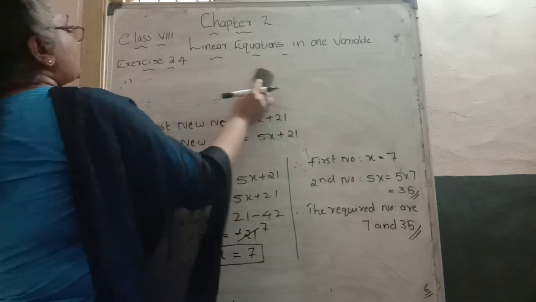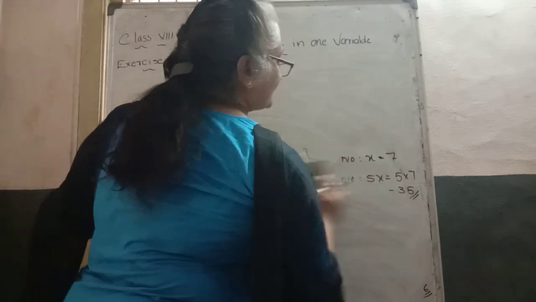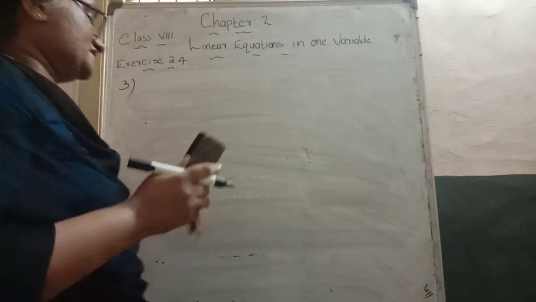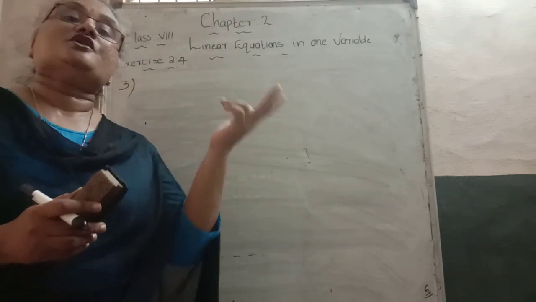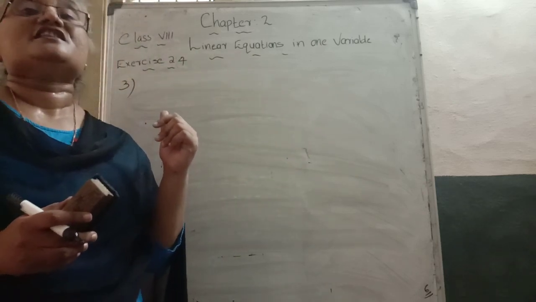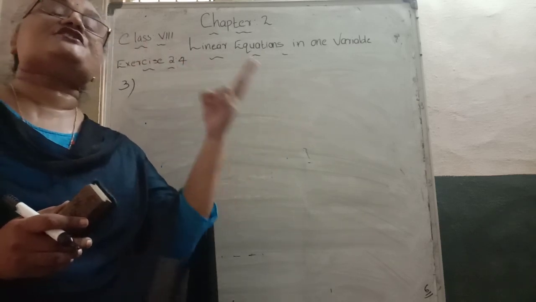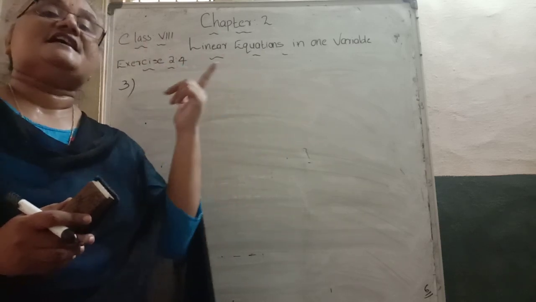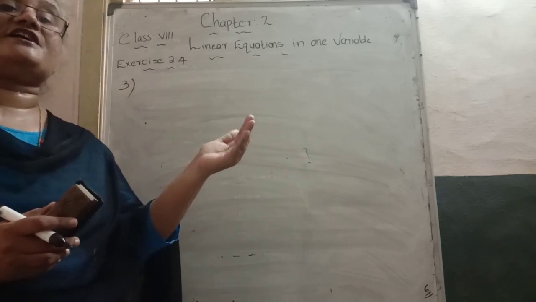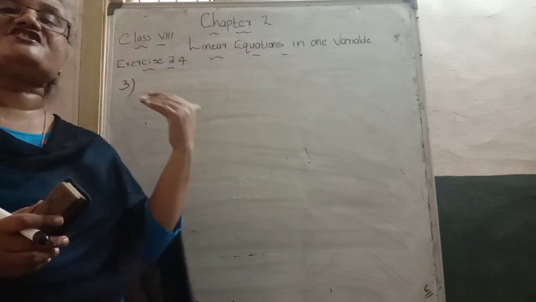Then the next, third question. Here the sum of the digits of a 2-digit number is 9. Then afterwards they tell that the original number is interchanged.